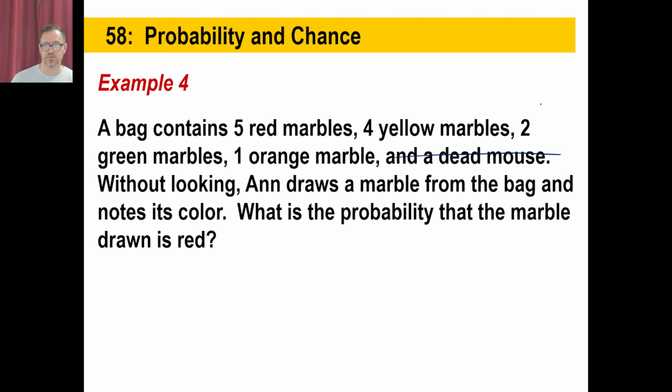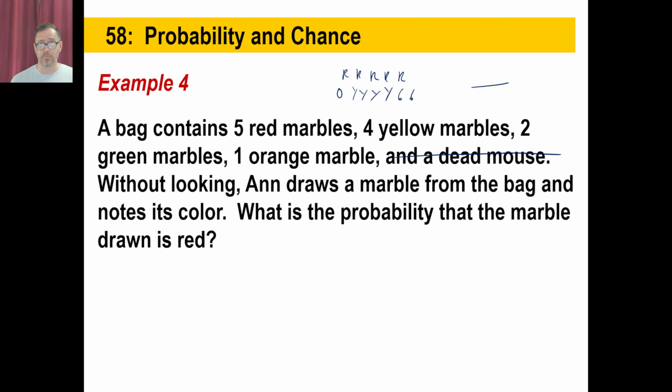All right. So we got 5 reds, 4 yellows, 2 greens, 1 orange. Okay, there we go. Anne draws a marble and notes its color. What's the probability that the marble drawn is red? Well, it's always a fraction, right? The number of ones that actually work is what you put on top of the fraction.